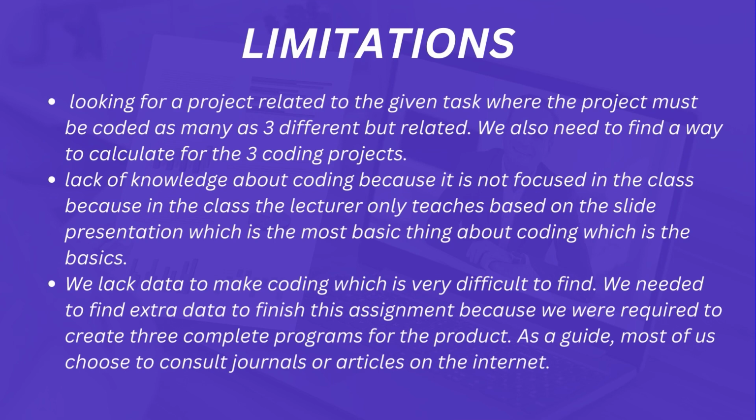The last one, we lack data to make the coding, which is very difficult to find. We need to find extra data to finish this assignment because we were required to create 3 complete programs for the product. As a guide, most of us choose to consult journals or articles on the internet.